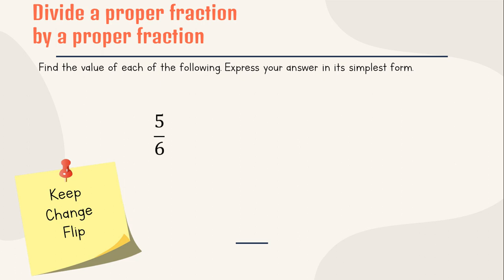Now please look at this question. This is your workbook chapter 2, practice 2, number 3. Find the value of each of the following, and express it in the simplest form. Now we have A here: 5/6 divided by 1/6. Keep, change, flip.